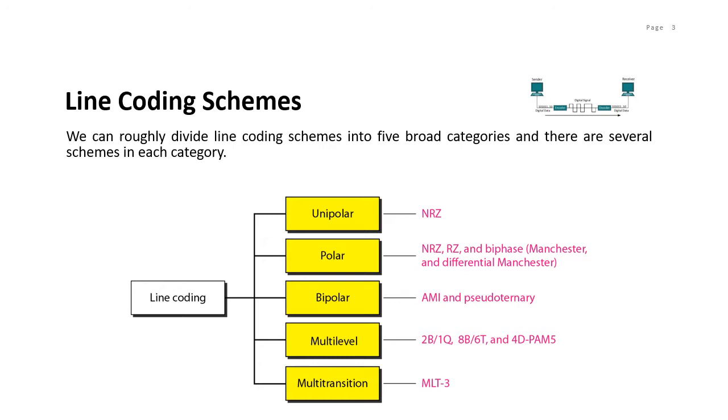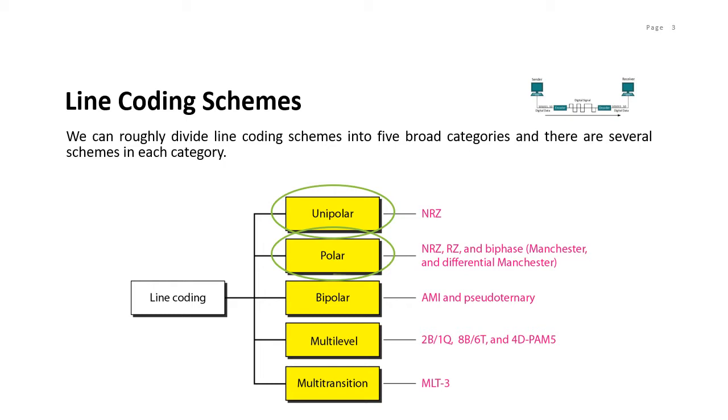Okay, so under line coding schemes, we can categorize it into 5 different categories. So we have unipolar. Under unipolar, we have non-return zero, and then we also have polar. And under polar, we have non-return zero, return zero, and biphase. And under polar biphase, Manchester and differential Manchester coding.